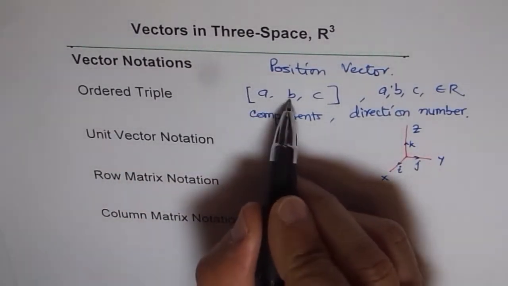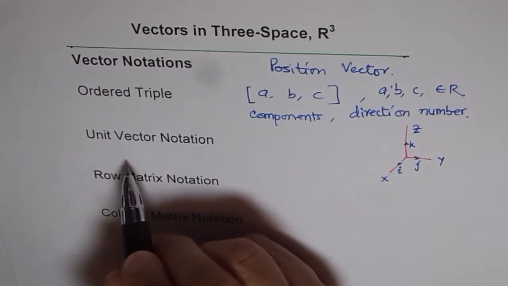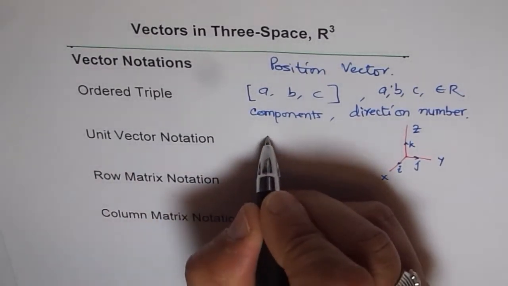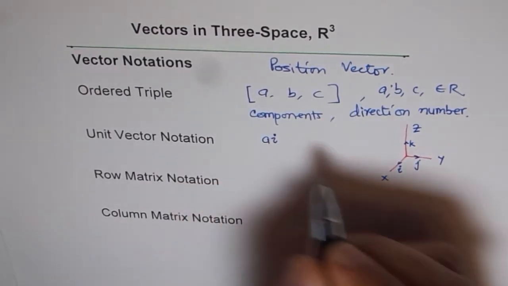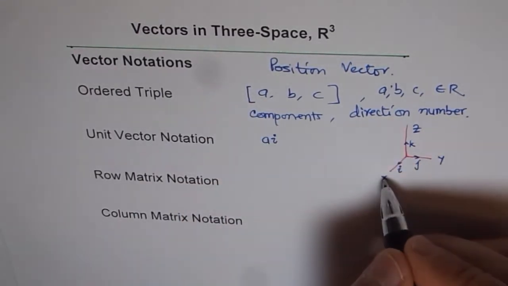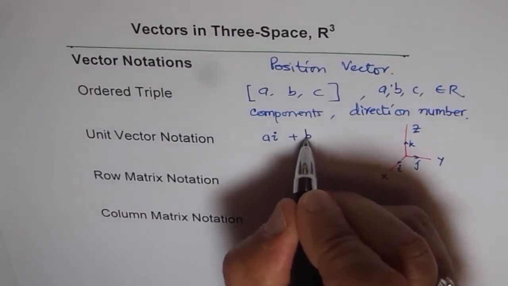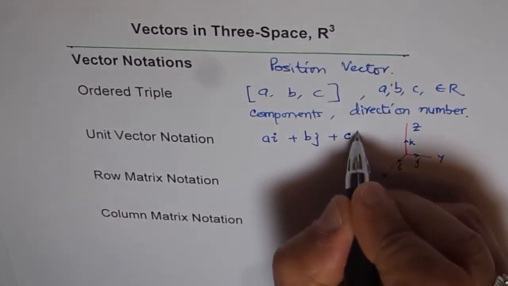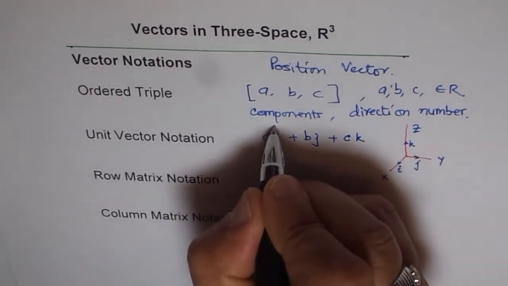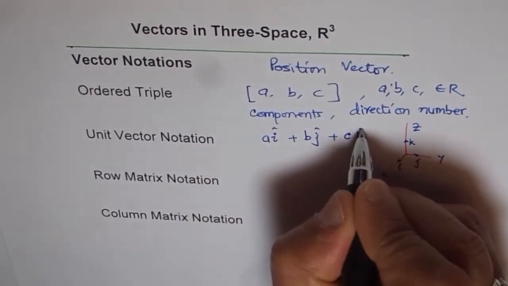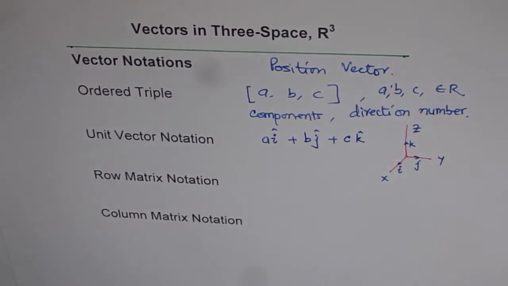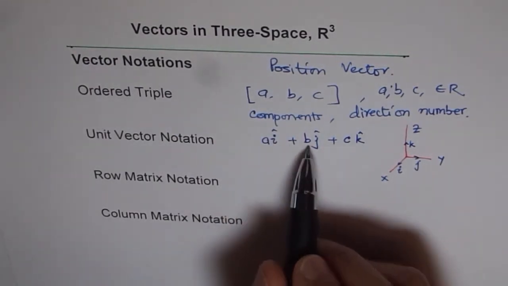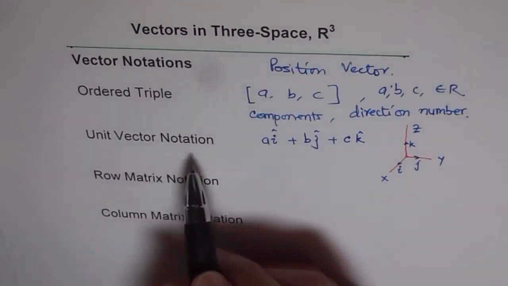If I write this vector in unit vector notation, I can write it as a times i, since a is the component along the x-axis, plus b times j, plus c times k. It is the same vector written in a different form, and this form is unit vector notation.